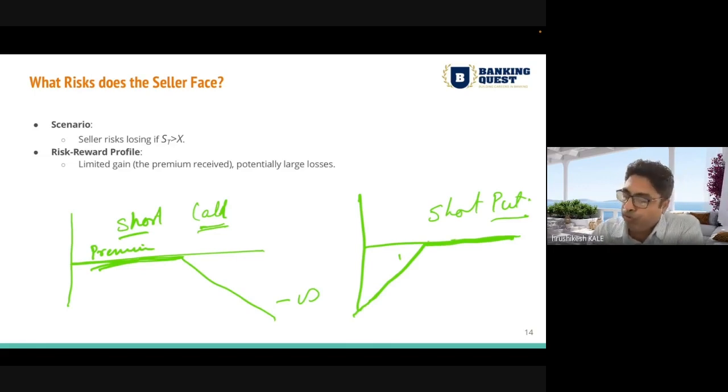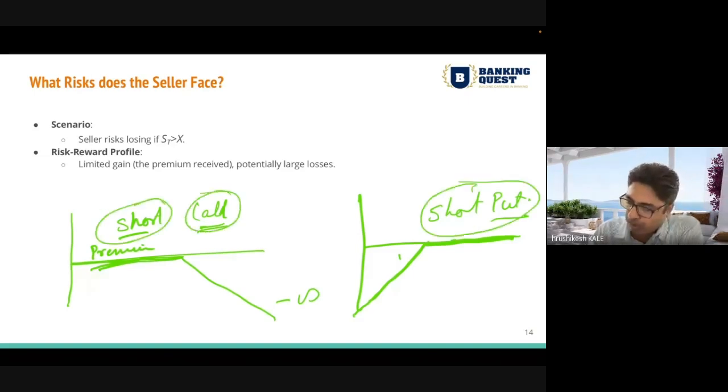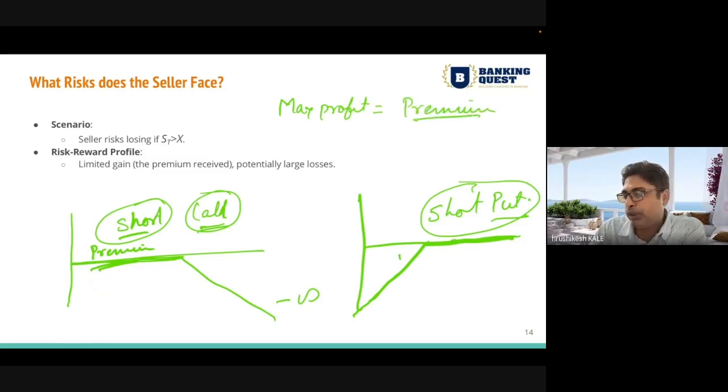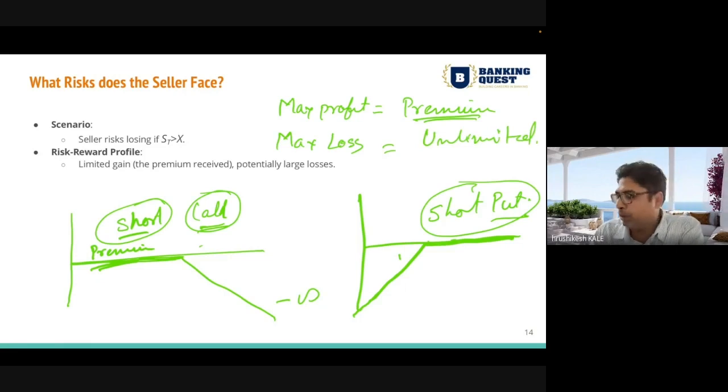So from the seller's point of view, the maximum profit is equal to the premium received, and the maximum loss in case of a call is unlimited, and in case of a put option, till the value gets to zero.